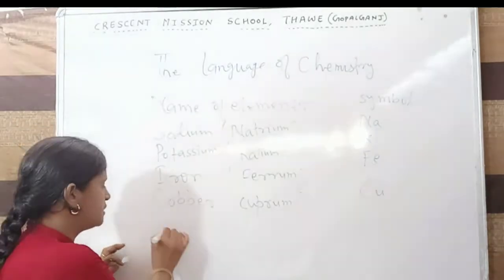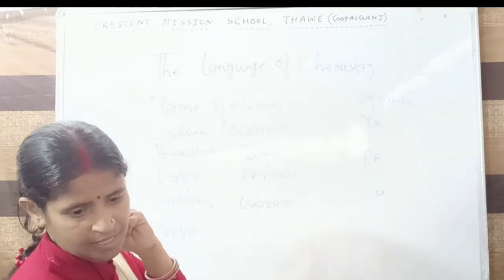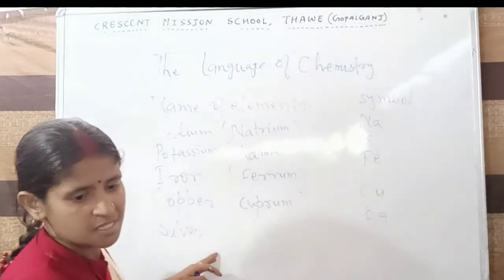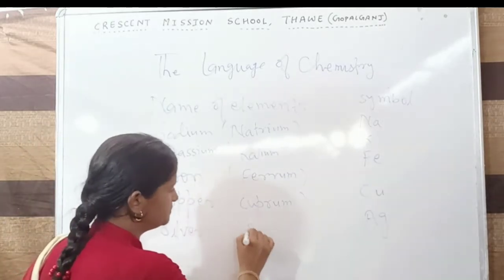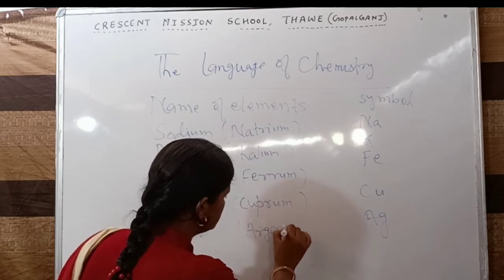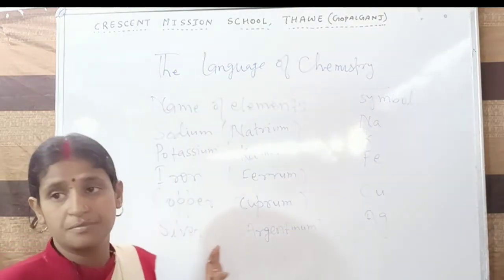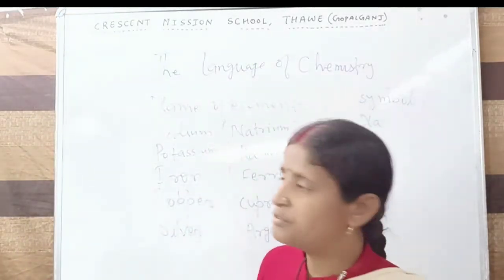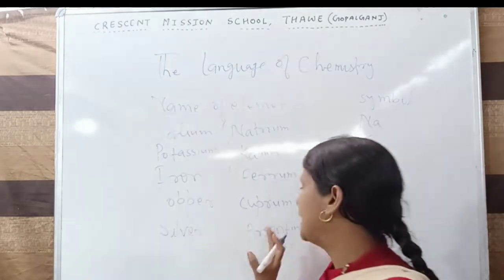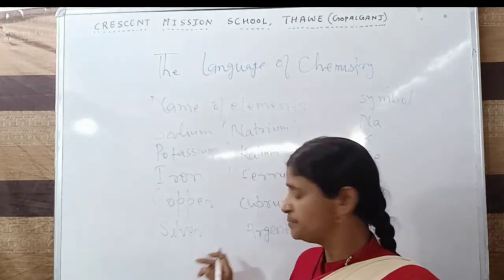After that, silver, and its symbol is Ag, because its Latin name is argentum. There are so many elements whose symbols are on the basis of their Latin names, not on their real name or common name.